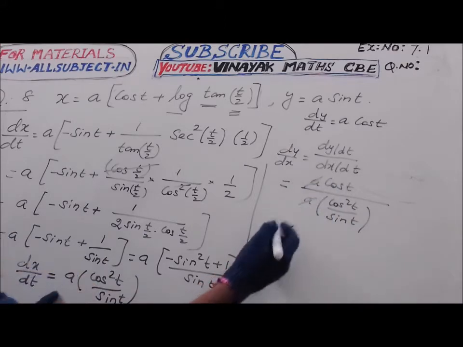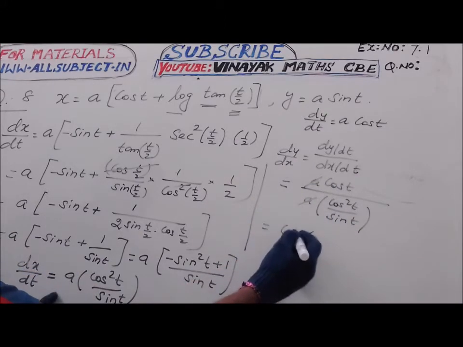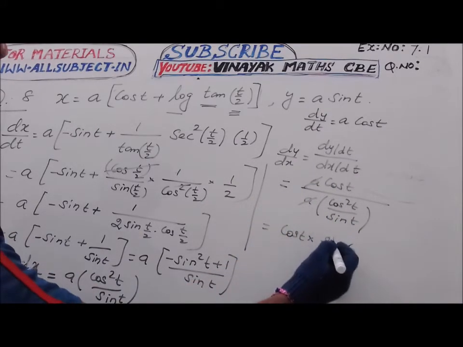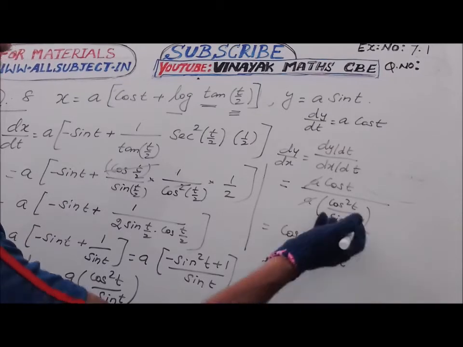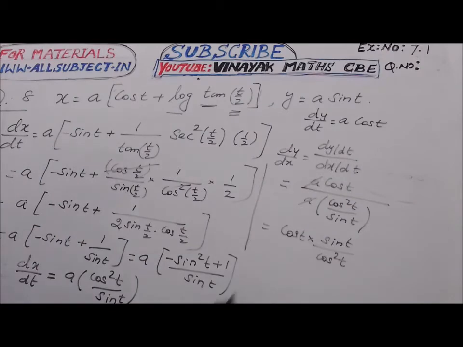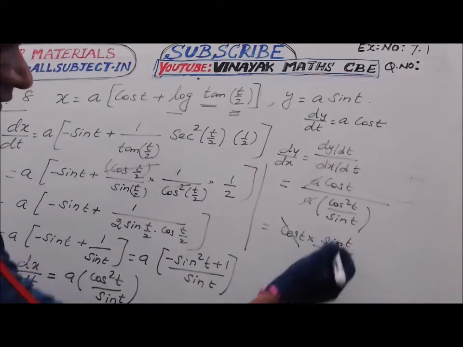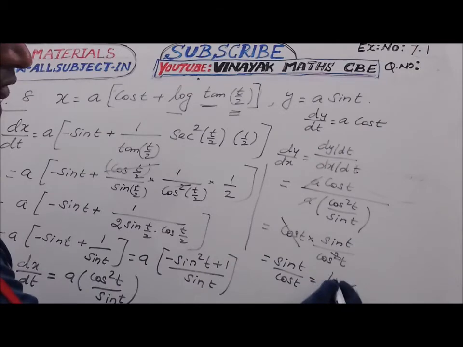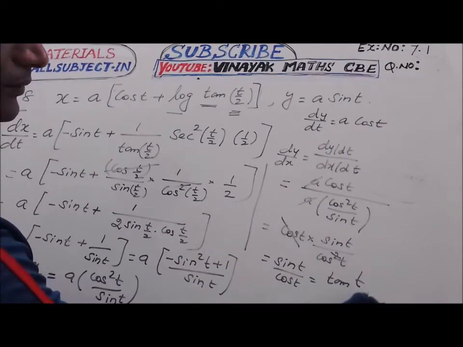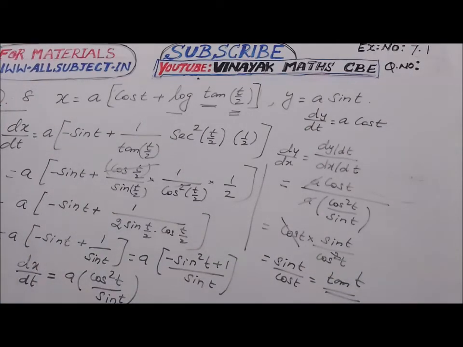We can cancel a now. This is cos t into sin t divided by cos square t. When we reciprocate, it is sin t by cos square t. Cancel cos square t and cos t. The remaining is sin t by cos t, that is equal to tan t. Therefore, dy by dx is tan t.